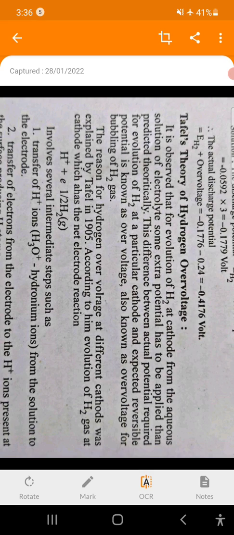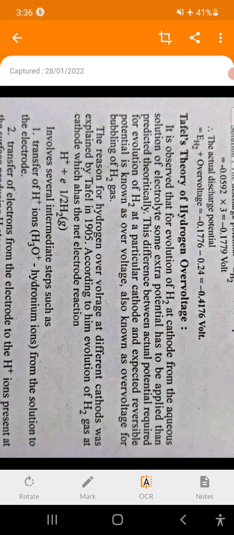We already saw that for deposition of metals on electrode surfaces, the magnitude of overvoltage is negligible, while for evolution of gases on metal surfaces, the magnitude of overvoltage is considerable.